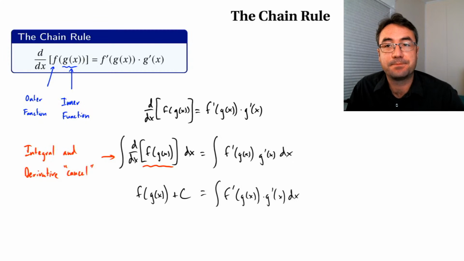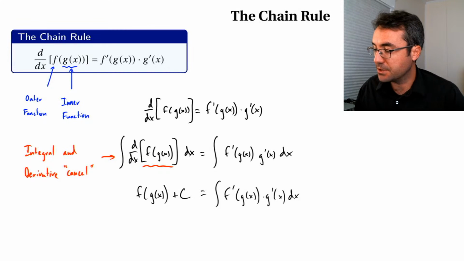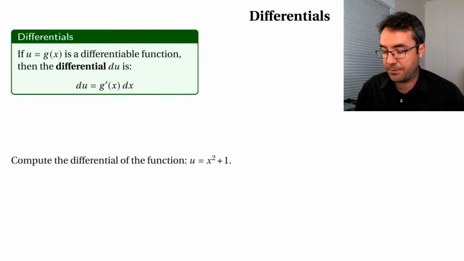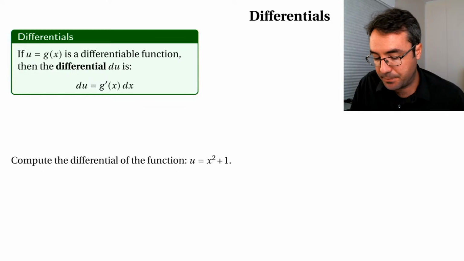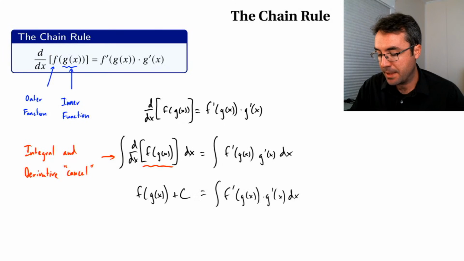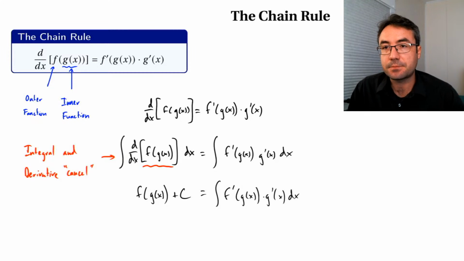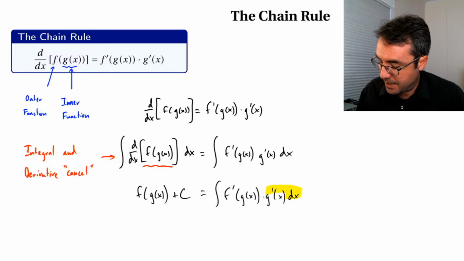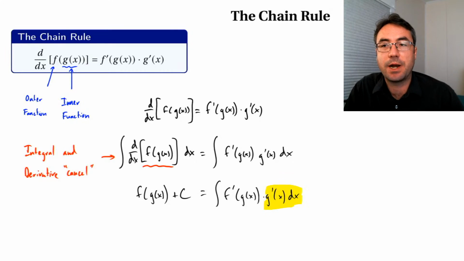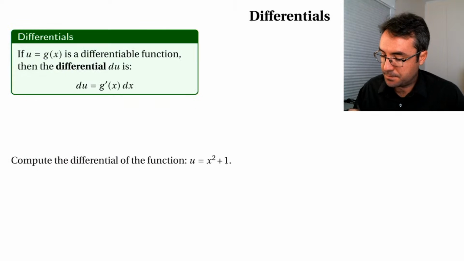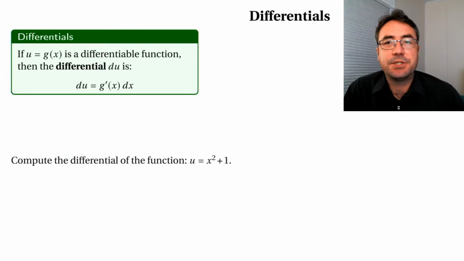Before we get to the substitution rule, there's this gadget we want to define that shows up right here at the end of this integral, this g prime of x dx. It has to do with the idea of differentials.